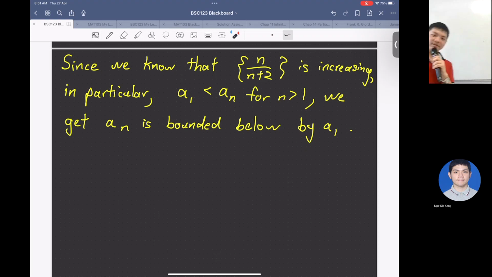Okay, how about, is it bounded above? We already proved that it's bounded below, right? Is it bounded above?